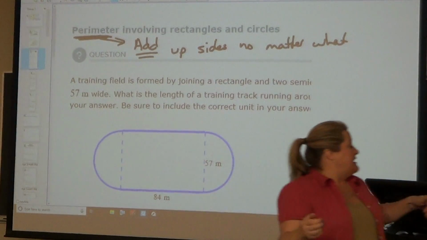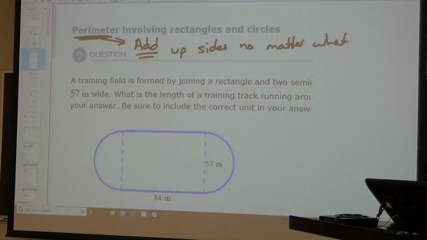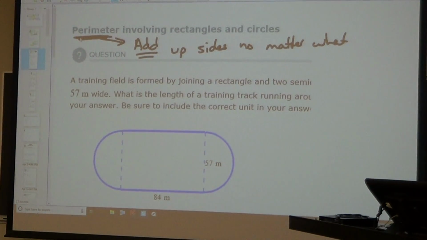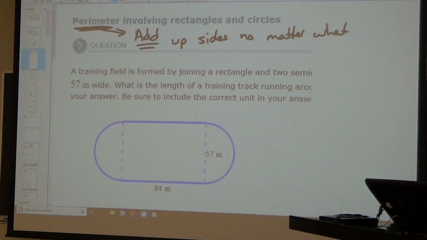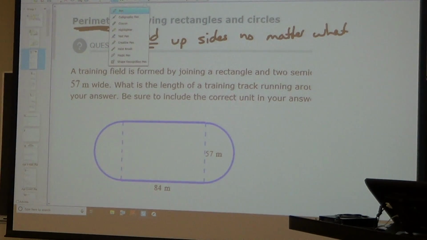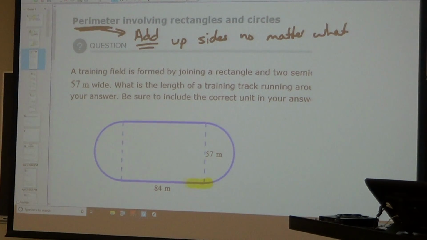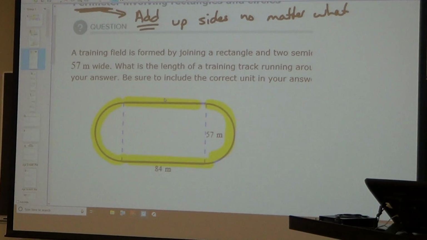Now, for this problem, we are not doing the basketball court. What we are doing is we are walking around the track. I want to know how far we walked around the track. A whole lot. So, we want to know the perimeter. And perimeter means add up the sides.